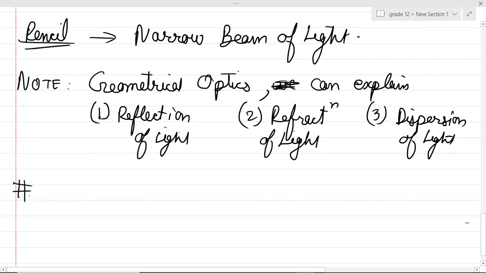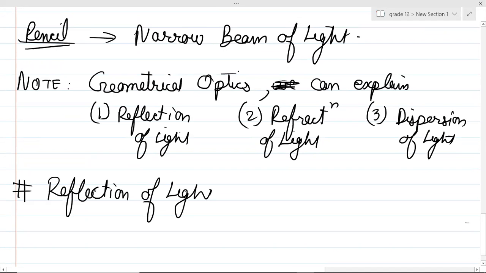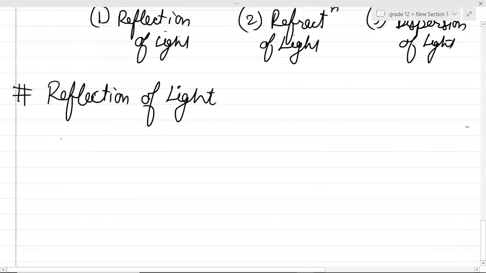Now, the second part is basically what? Please give the heading: Reflection of light. What is reflection of light? Right, 10th grade stuff. Please remember. Bouncing back of light from a surface.